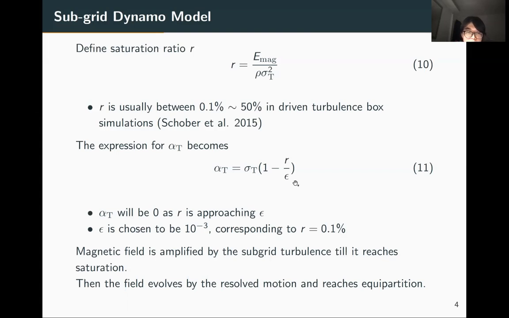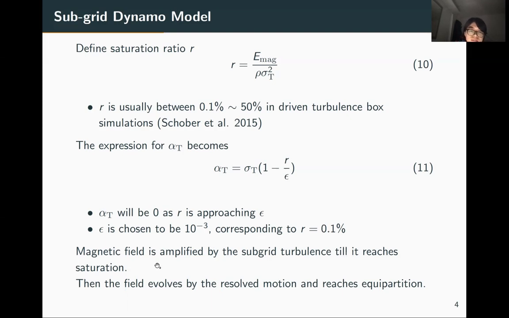As you can see, the alpha_t will be approaching 0 as R is approaching epsilon. And epsilon in our simulation is chosen to be 10 to the minus 3, which corresponds to the saturation ratio 0.1%. So the whole picture is simple.